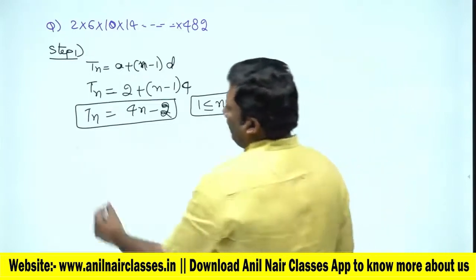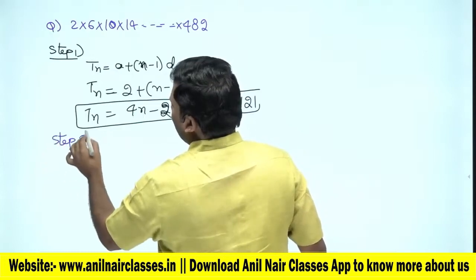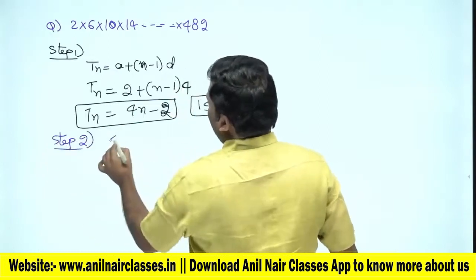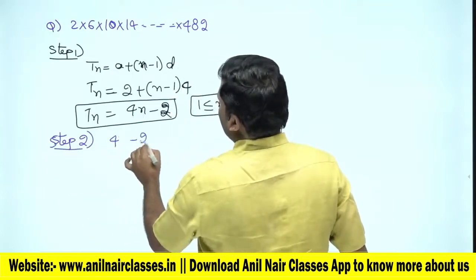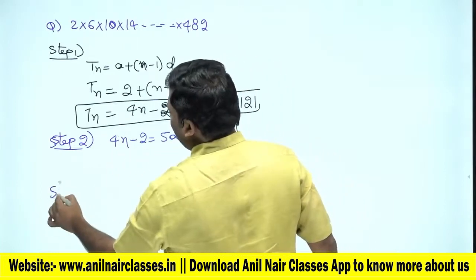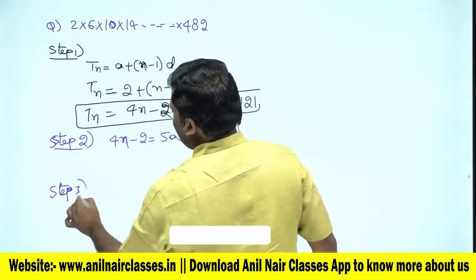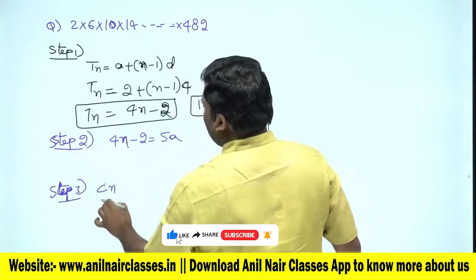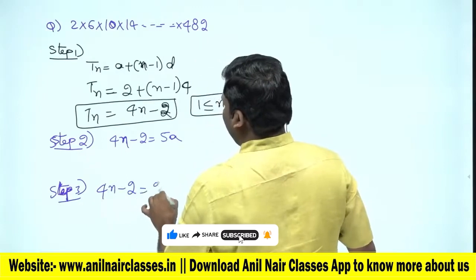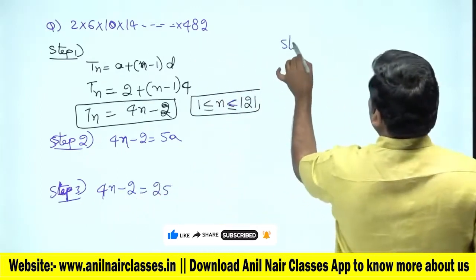Step number 2. 4n minus 2 can take a multiple of 5. Step number 3. It can take a multiple of 25, 25b. Step number 4.